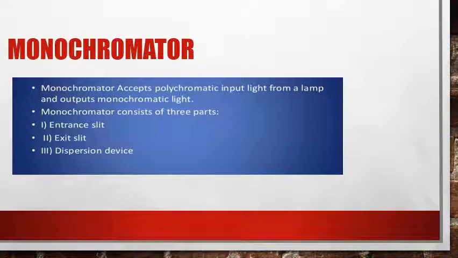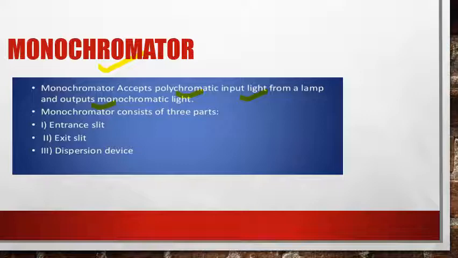So the next part of the spectrophotometer is the monochromator. The monochromator accepts the polychromatic light coming from the light source or lamp and converts it into monochromatic light as an output.